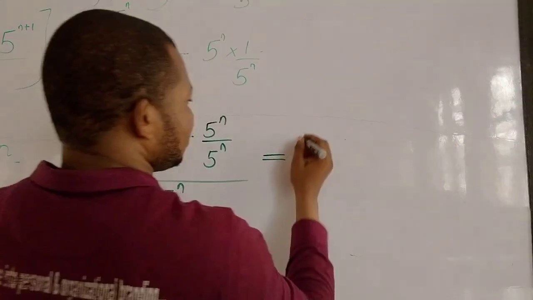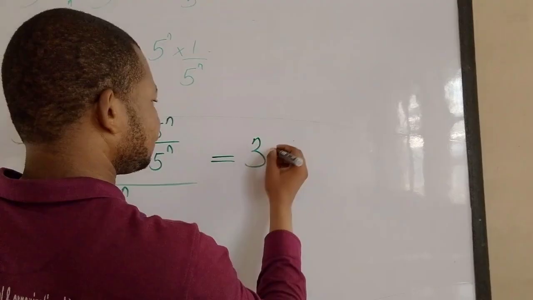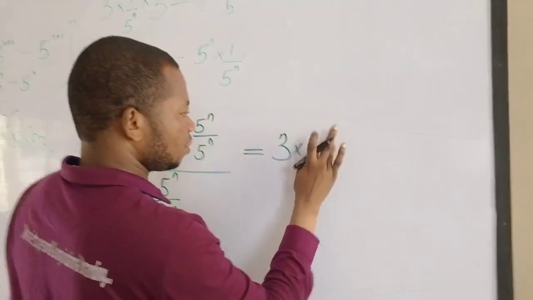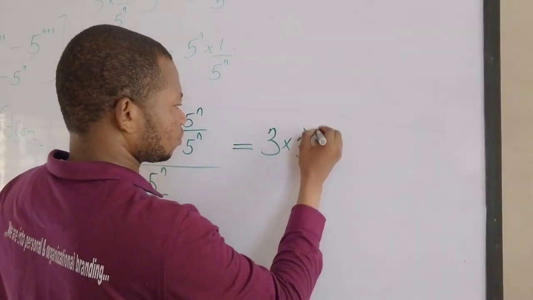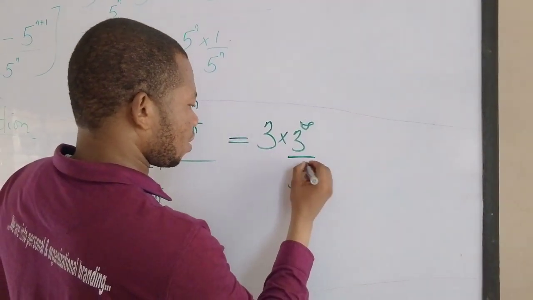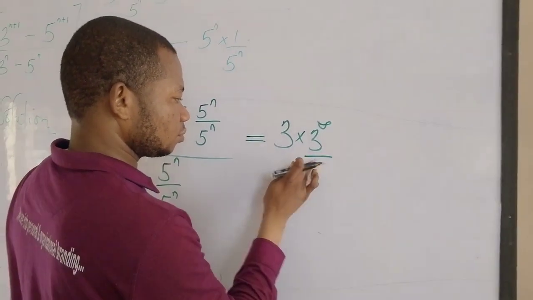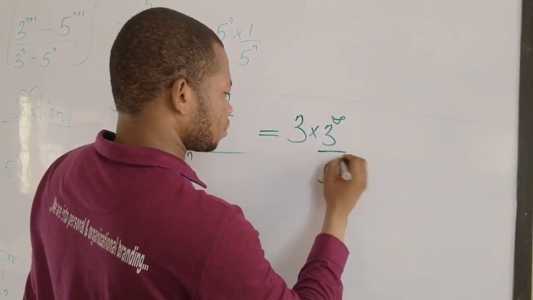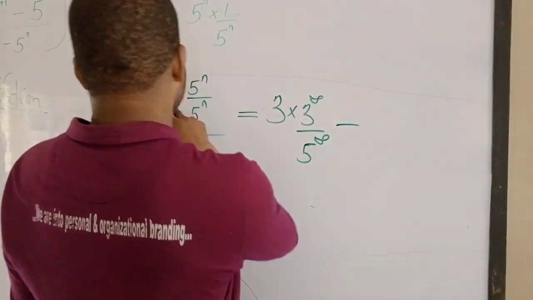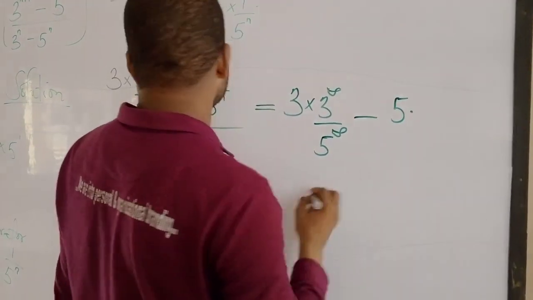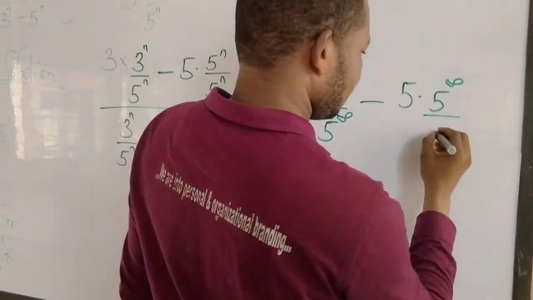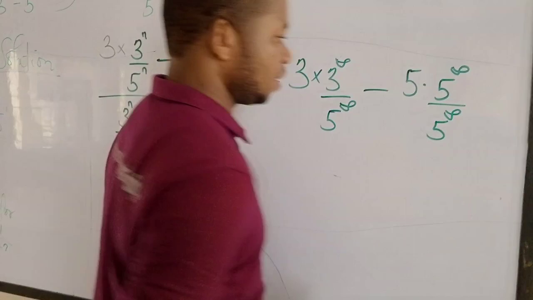So I have 3 times 3 raised to power infinity over 5 raised to power infinity, minus 5 times 5 raised to power infinity over 5 raised to power infinity.